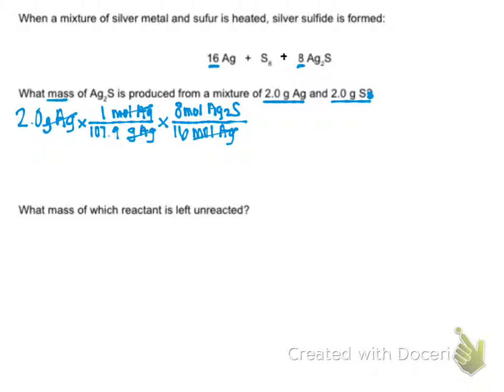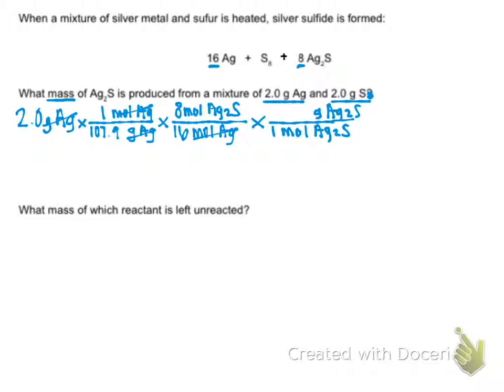It is asking for mass. So we have to do one last step, just like in your mass-to-mass problems that you did yesterday. 1 mole Ag2S goes on the bottom. And your mass, your grams of Ag2S goes on top.